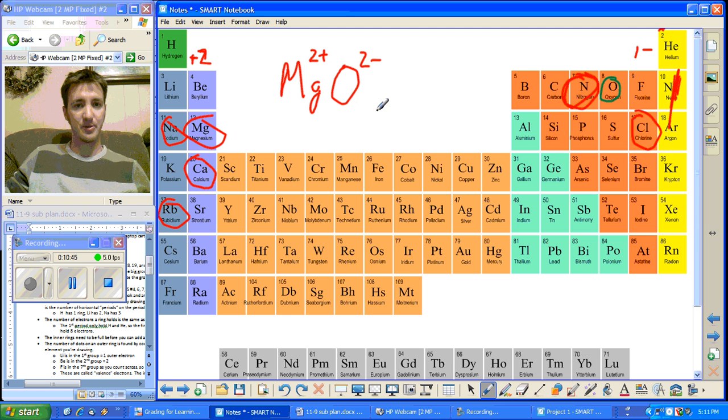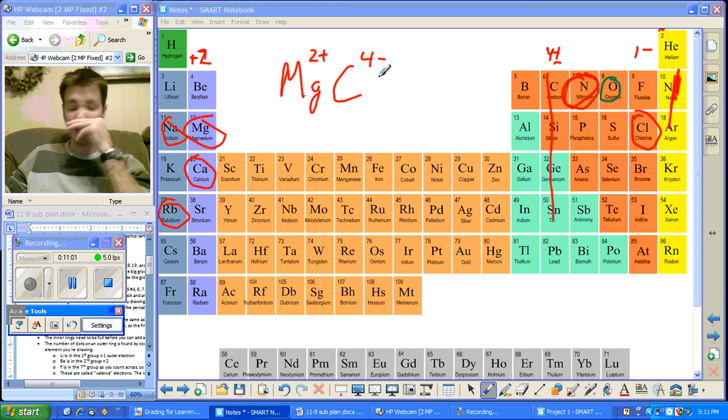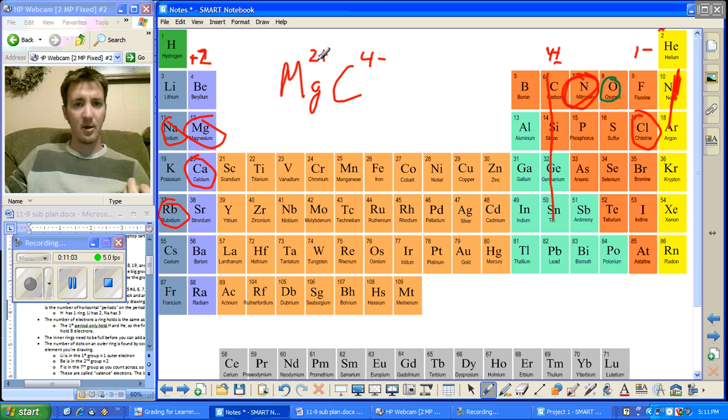The other exception would be something like, and this is rare that you even go into this column, but carbon. Carbon would be positive or negative 4, like this whole row. It depends on whether they go to the right or left. Carbon, though, could be 4 negative. So if you're looking at that, you wouldn't want 4 and 2 down here because it's kind of like fractions. You want the most reduced fraction.